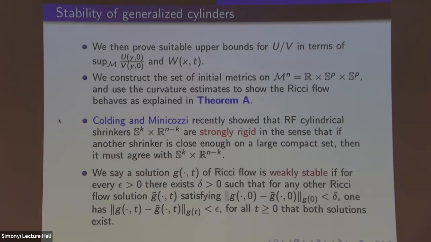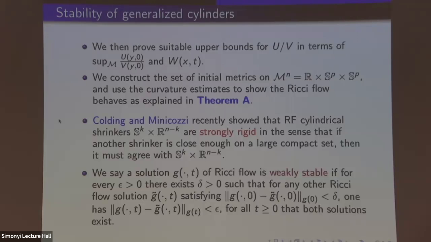These generalized cylinders, S^k cross R^(n-k), are examples of shrinking solitons, and they showed that they are strongly rigid in the sense that if you have another shrinker which is close enough to this generalized cylinder on a large compact set, then it has to be isometric to it. So this is a very strong rigidity result. So you would somehow assume that these singularities should be stable. But here is what we can prove.